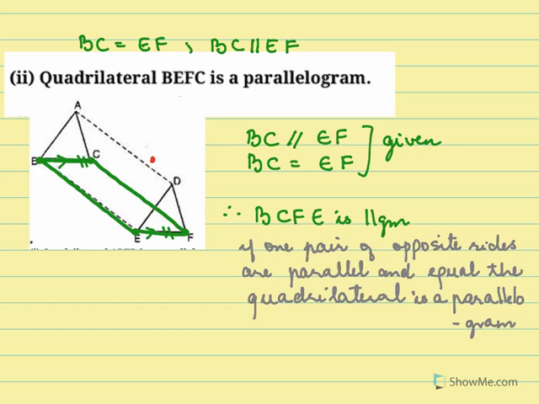So now I can say the other two sides, that is CF and BE, are parallel and equal. So I mark that CF parallel to BE and CF equal to BE. Equation 2, opposite sides of a parallelogram.